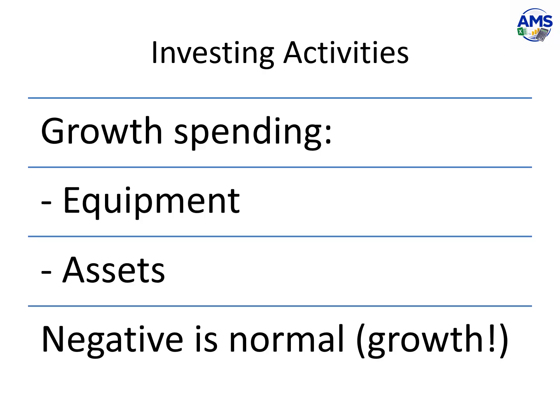Another example is if Sarah buys new sewing machines, it means cash goes out. So buying a new machine is an investment for the business and we are paying, so cash is going out. Don't panic if this section is negative. It usually means growth.